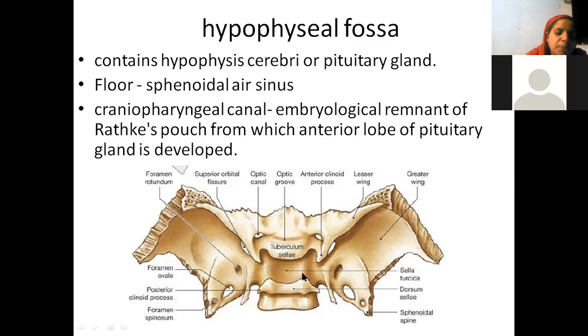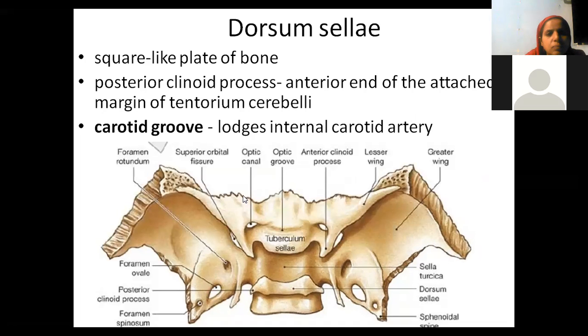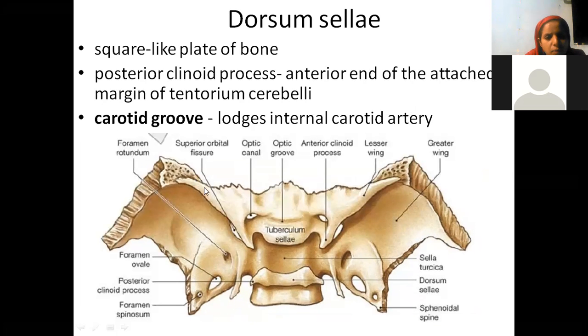If you chip it out, you will find an empty space below this. That is nothing but the sphenoidal air sinus. Like you have the frontal air sinus in the frontal bone, similarly in the sphenoid bone we have the sphenoidal air sinus.